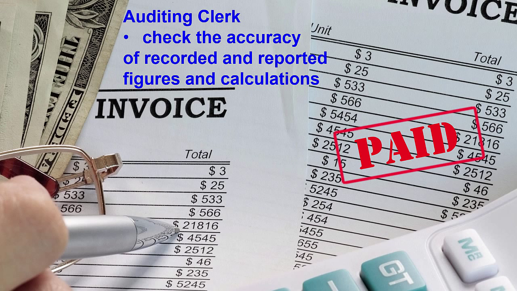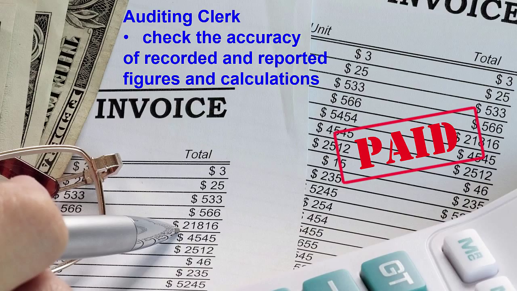The auditing clerk is primarily responsible for checking the accuracy of recorded and reported figures and calculations in relation to the business transactions completed by other workers or departments. An audit clerk checks and verifies the mathematical accuracy of figures and postings, corrects, identifies, or notes errors for accountants or other workers to fix.